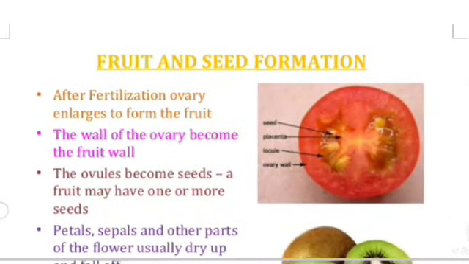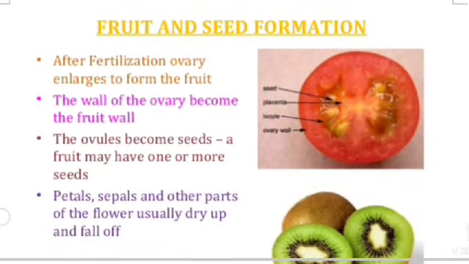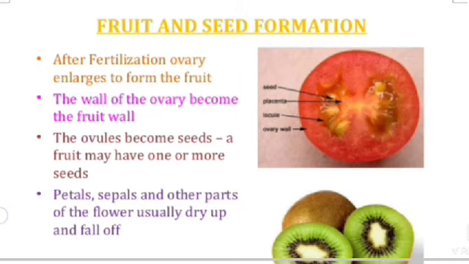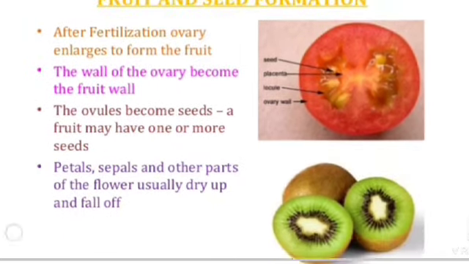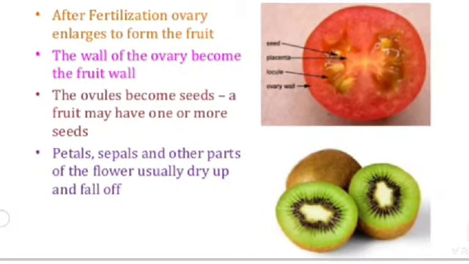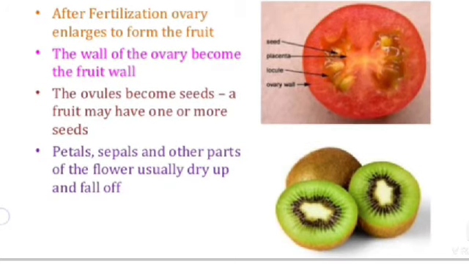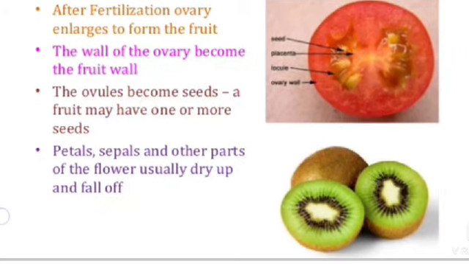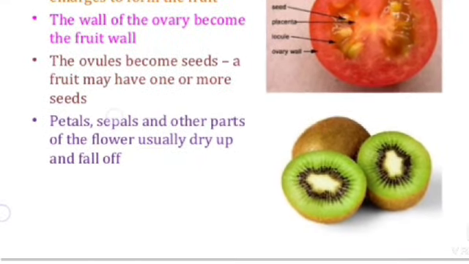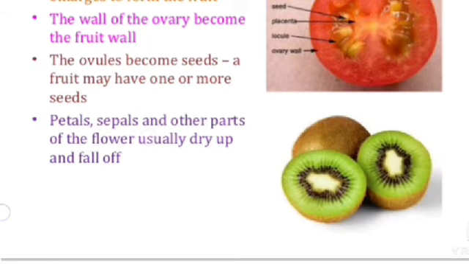Fruit and seed formation. After fertilization, the ovary enlarges to form the fruit. The wall of the ovary becomes the fruit wall. The ovule becomes the seeds. A fruit may have one or more seeds. Petals, sepals and other parts of the flower usually dry up and fall off.